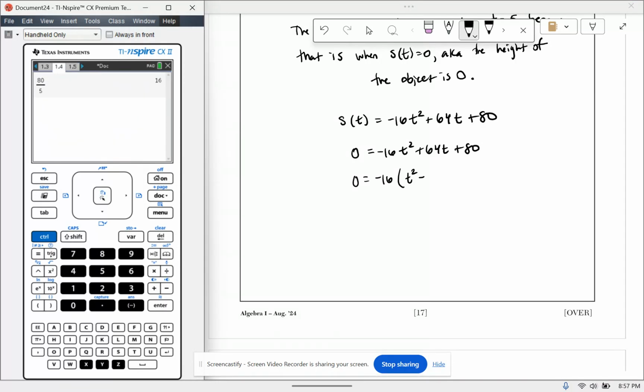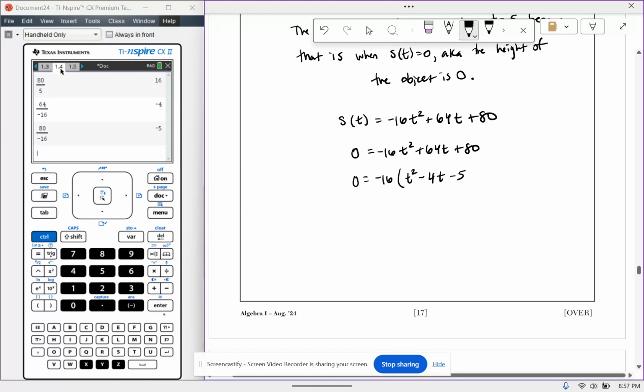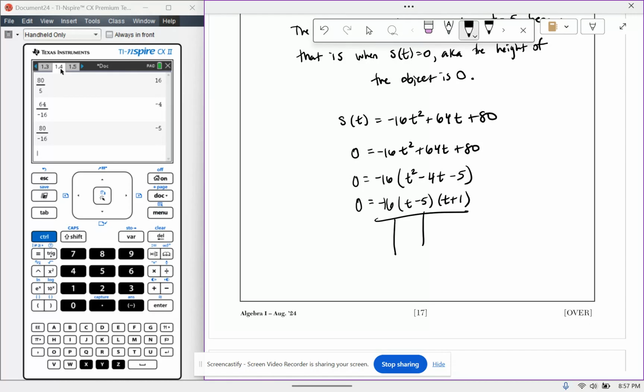Let's see what these numbers end up being. 64 divided by negative 16 is going to give me negative 4t. And then 80 divided by negative 16 is going to be negative 5. This guy would factor to be, and then I would split and solve.